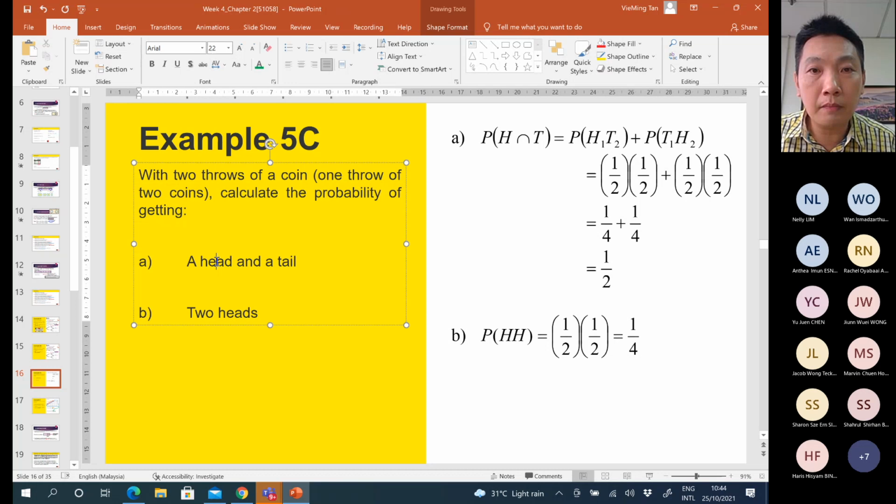Now we want to check 1 head and 1 tail; 2 heads we already done. But the way to do the calculation is slightly different. You can refer to it if you want. Same question, but you can solve the problem by another method.